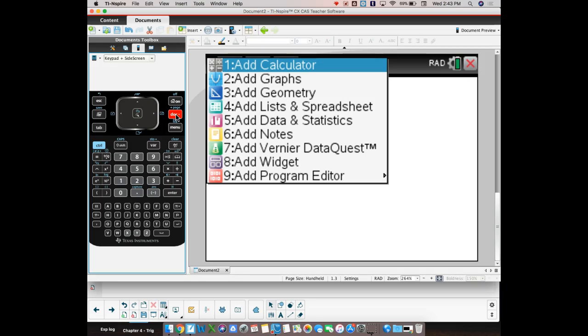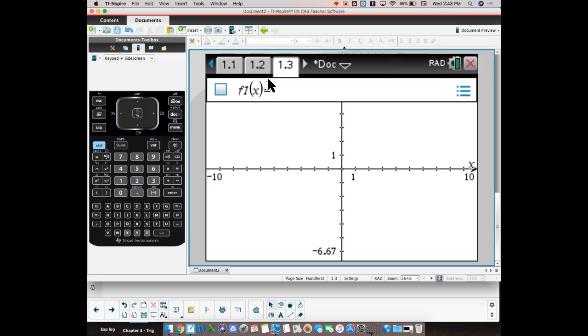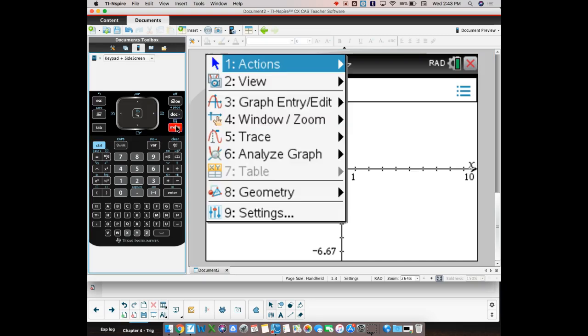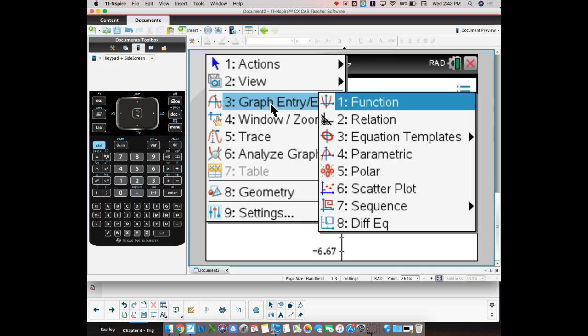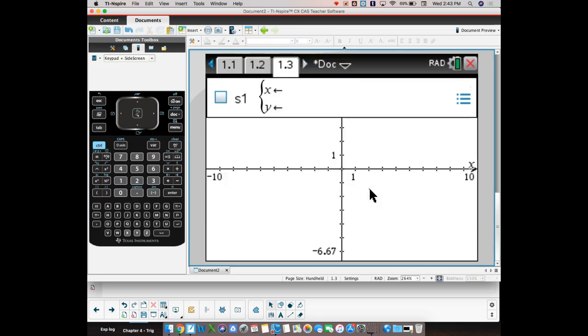And on that page, we're going to just make our own graph. So a new graphing page. We're going to go into Menu, Entry and Edit, Scatter Plot. The X value will be time.